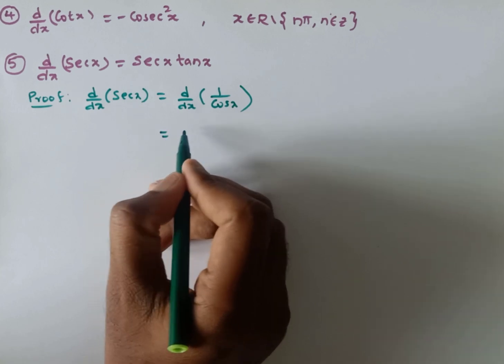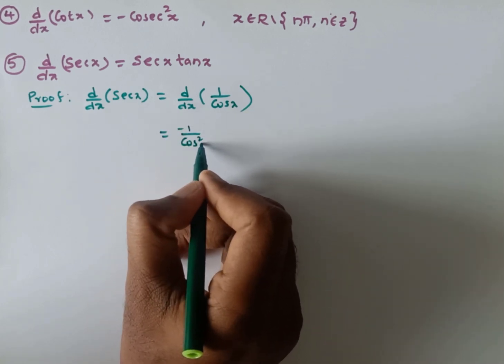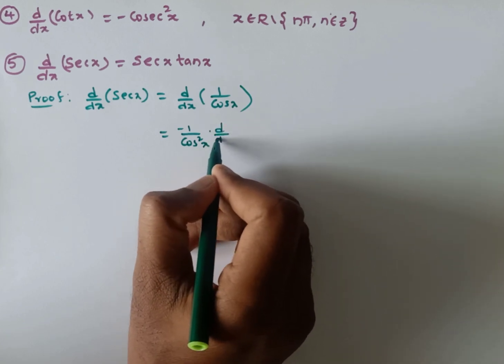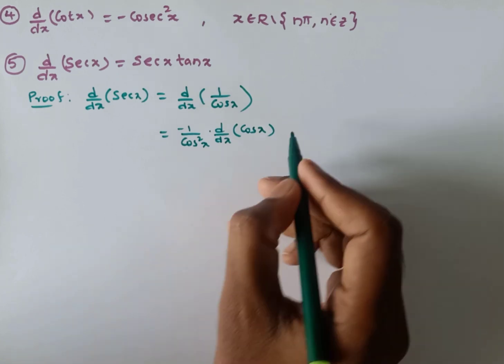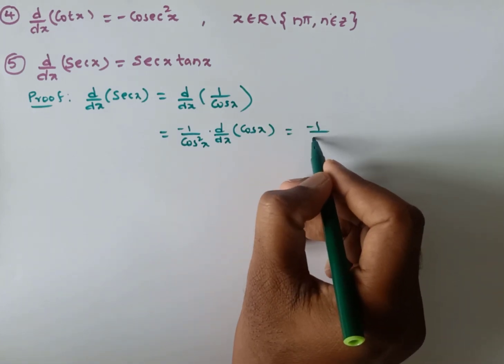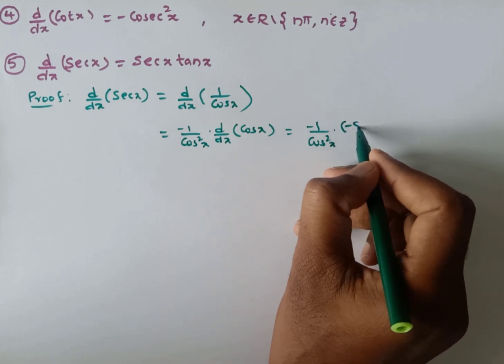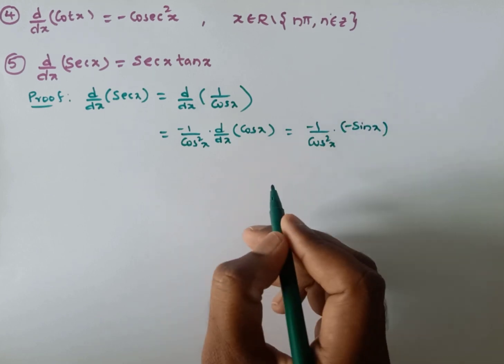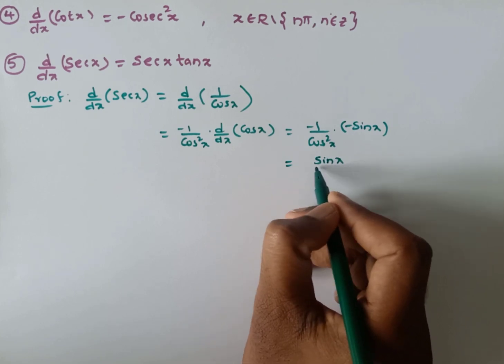So that is minus 1 by cos square x into d by dx of u. What is u here? It is cos x. So minus 1 by cos square x into derivative of cos x, which is minus sin x, so it is sin x by cos square x.